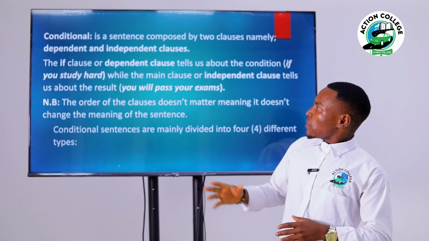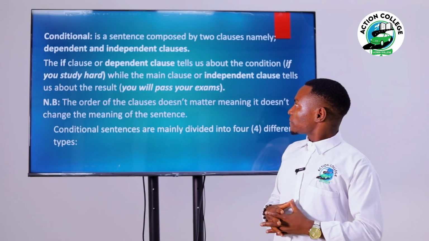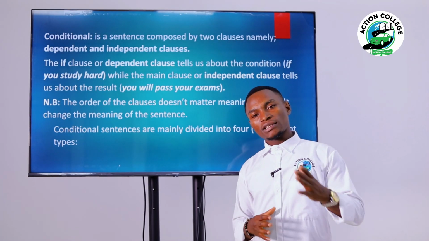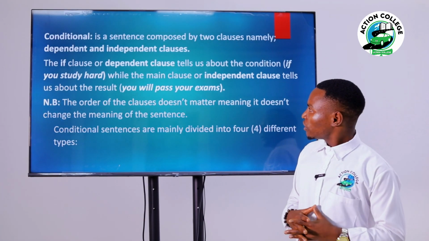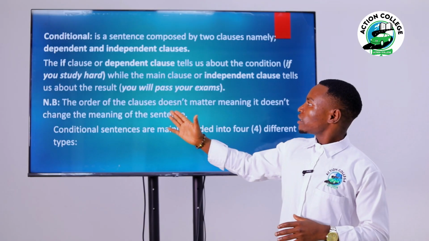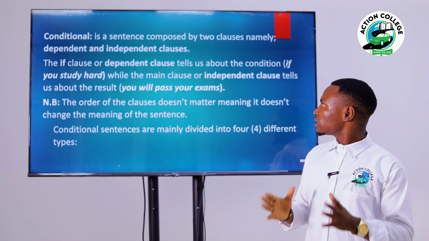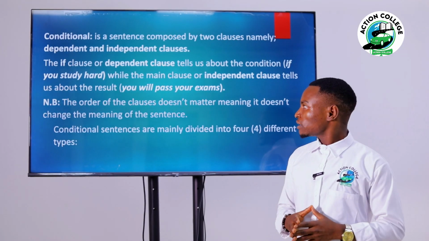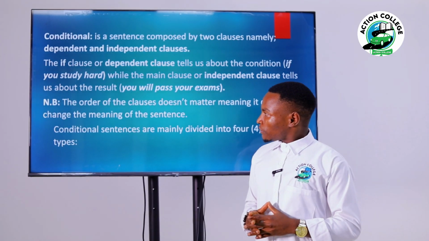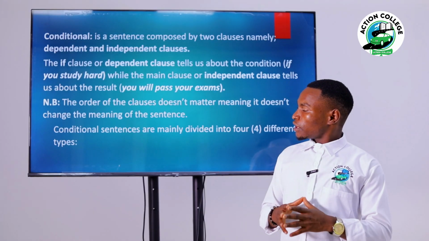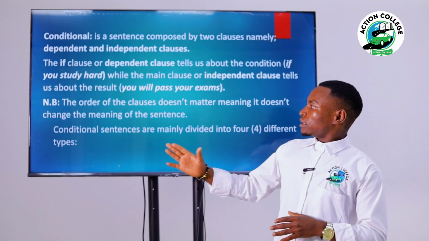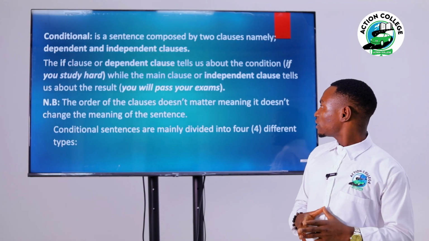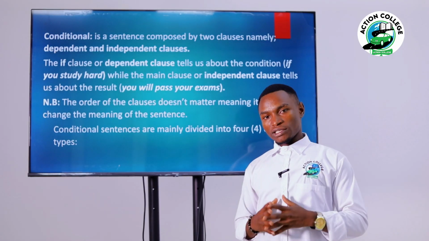The dependent clause tells us about the condition, while the main clause or independent clause tells us about the result. There is something important that you have to know. The order of the clauses doesn't matter, meaning it doesn't change the meaning of the sentence.